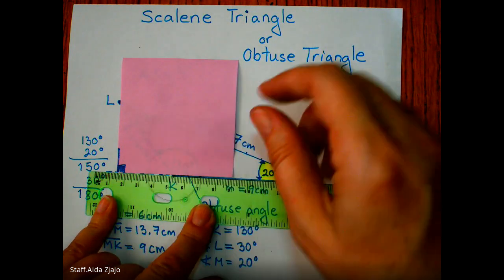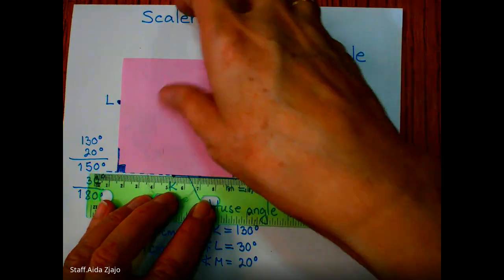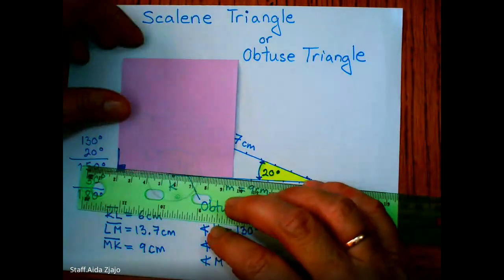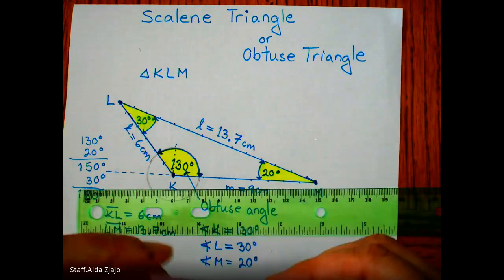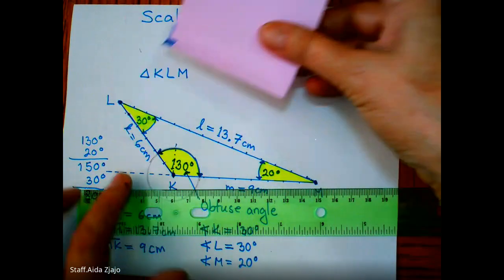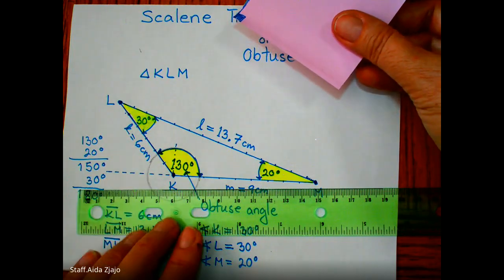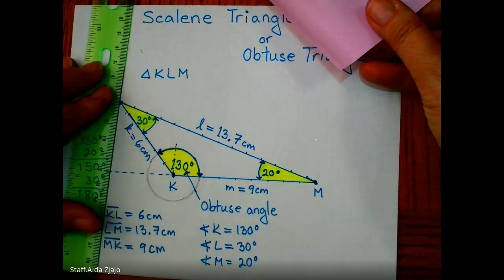That perpendicular from point L is the height of the triangle.